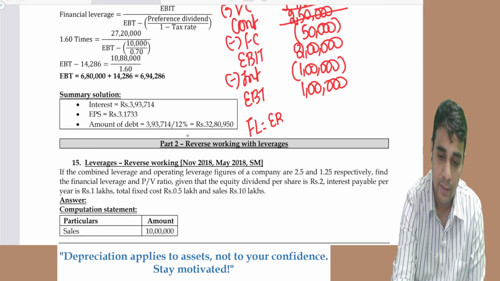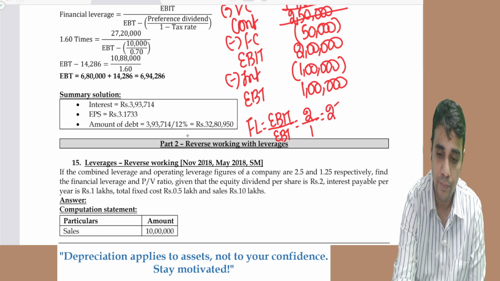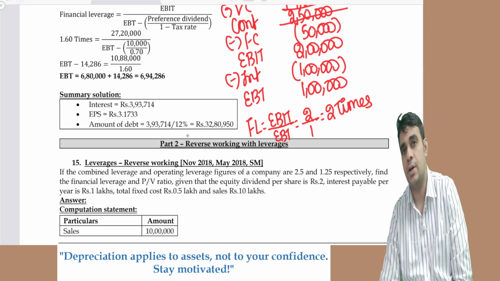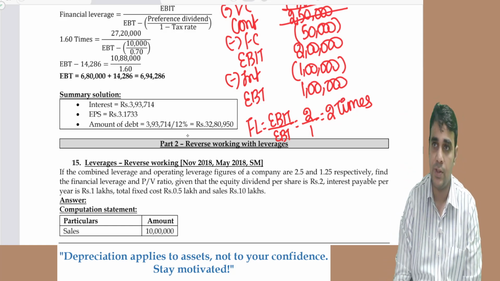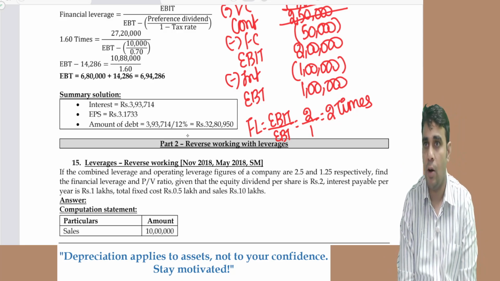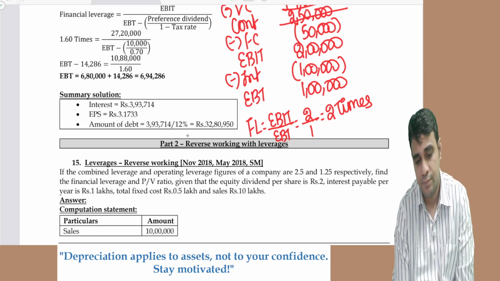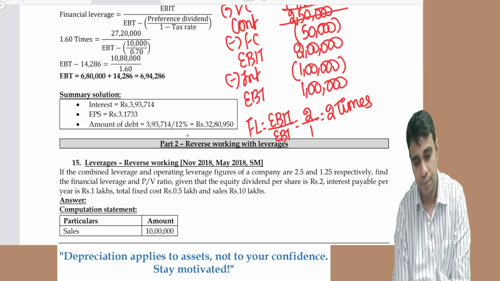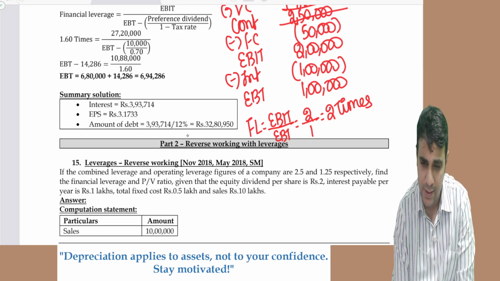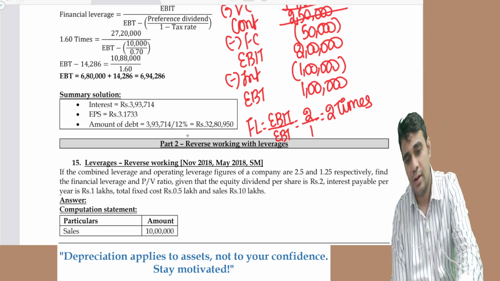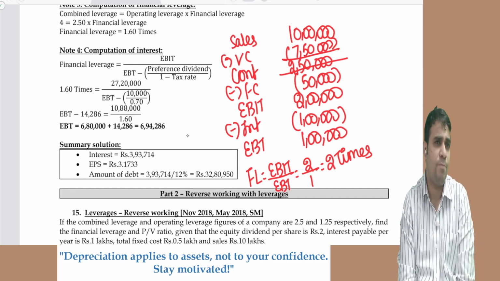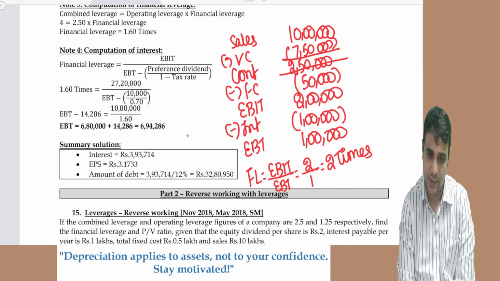EBIT divided by EBT, 2 by 1, or you can do combined leverage divided by the operating leverage. Same answer you will get. What's the formula for PV ratio? Contribution by sales, 25%. It is a straightforward, simple calculation as long as you are clear on the linkages.